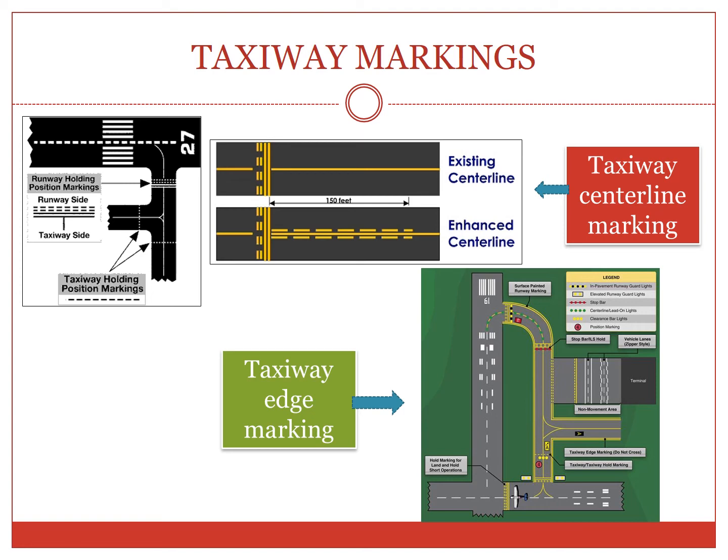These figures show you the taxiway center line marking, the taxiway holding position marking, the runway holding position markings, and the taxiway edge markings. So this is how the taxiway markings have been denoted in yellow color.